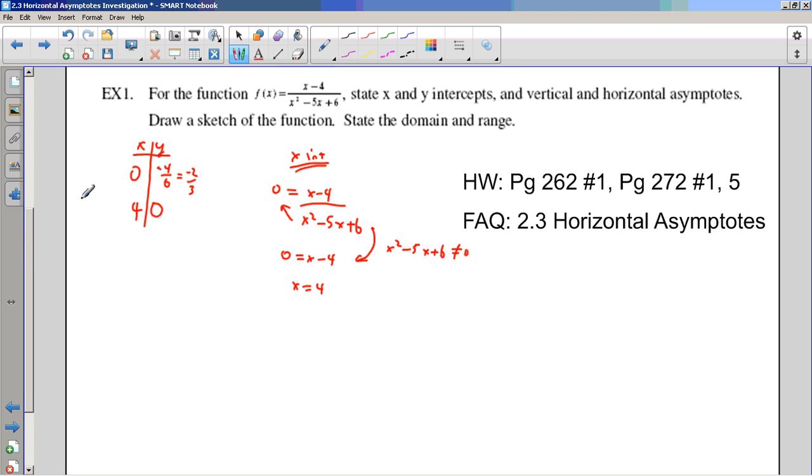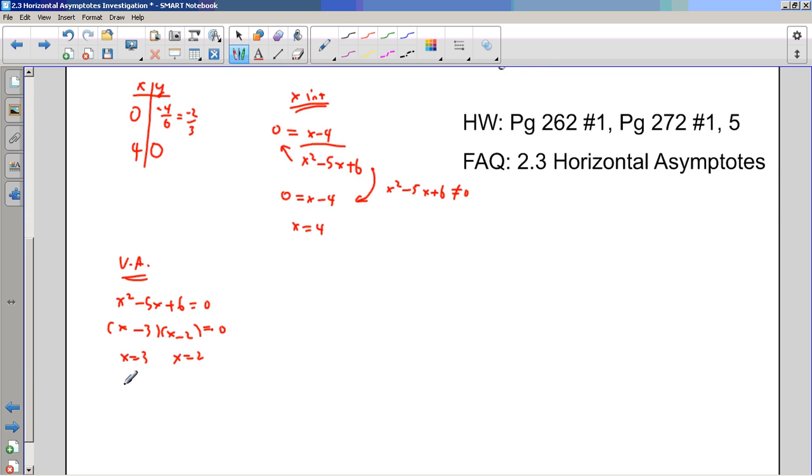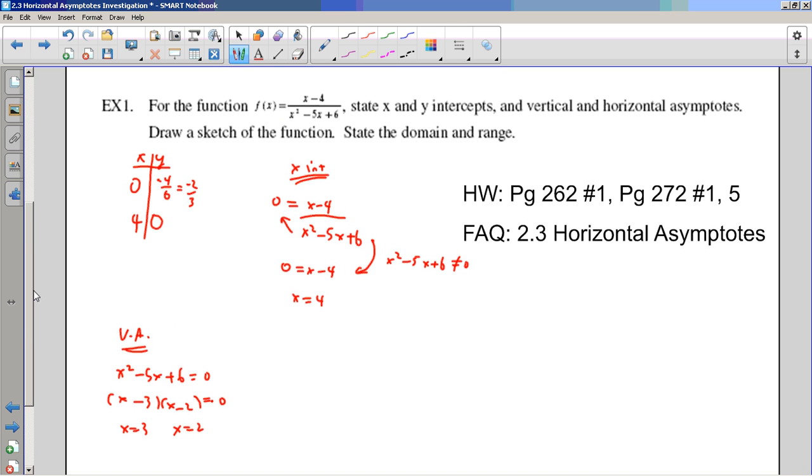Vertical and horizontal asymptotes. Well, the vertical asymptotes occur when the bottom is equal to 0. That's a little tiny polynomial equation, in fact, a grade 9 quadratic equation, x minus 3 and x minus 2. So x equals 3 and x equals 2 are the equations of the vertical asymptotes.